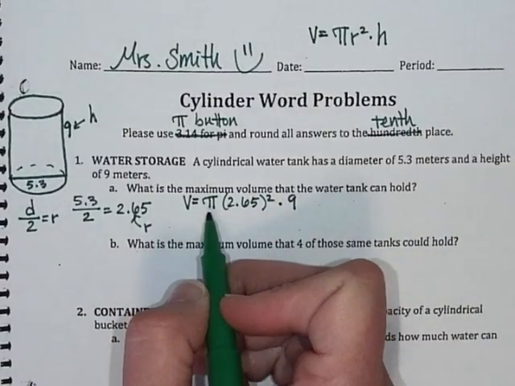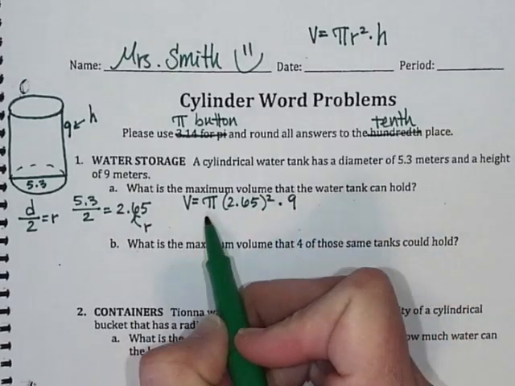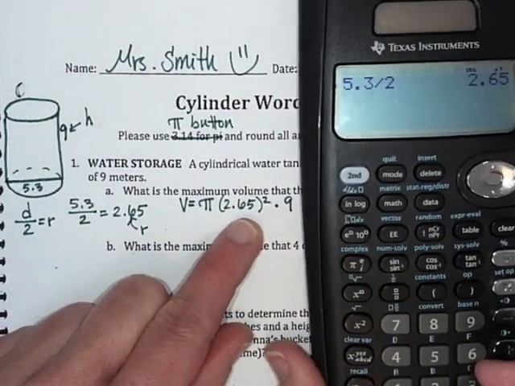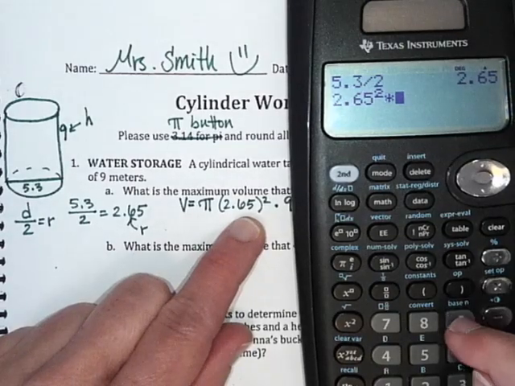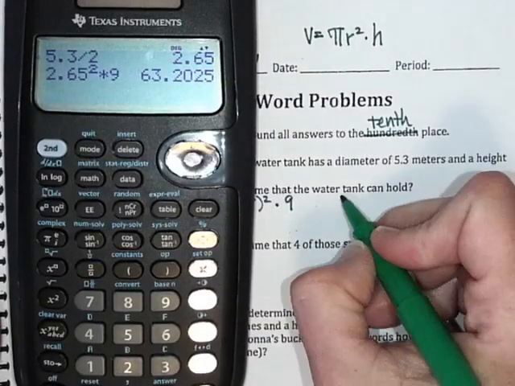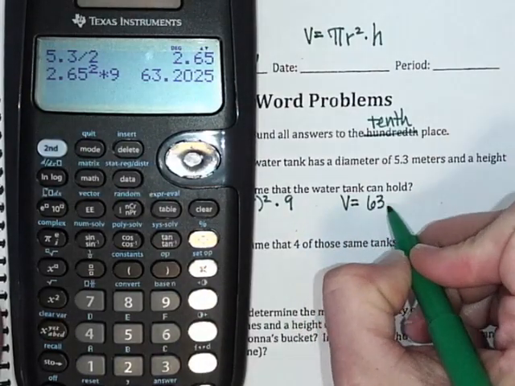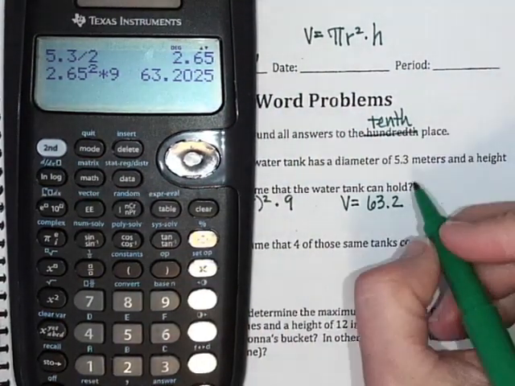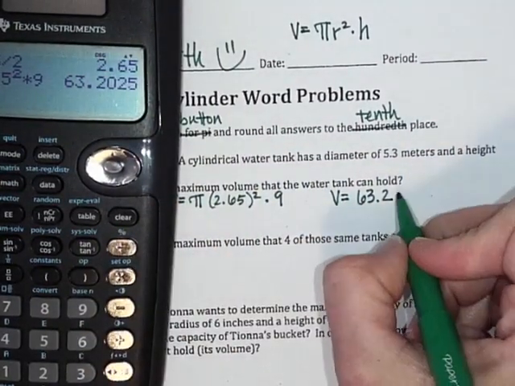To find that, you multiply all the numbers together and then just write them multiplying to pi. So we're going to do 2.65 squared times 9. That gives us 63.2. Volume equals 63.2. I'm going to leave off that 0.25 because we're just rounding to the nearest tenth. 63.2, and then we still have to multiply it by pi. So we're going to put our pi there.